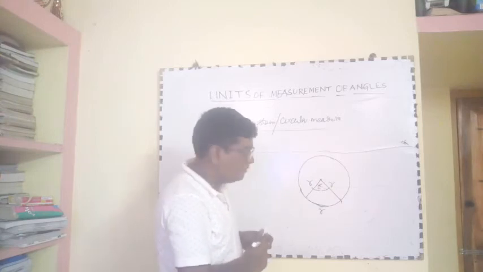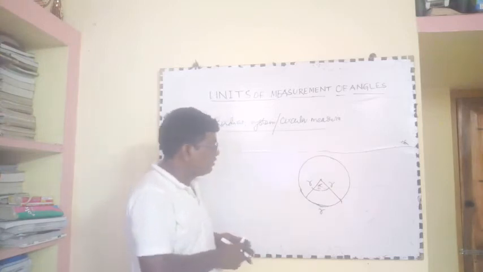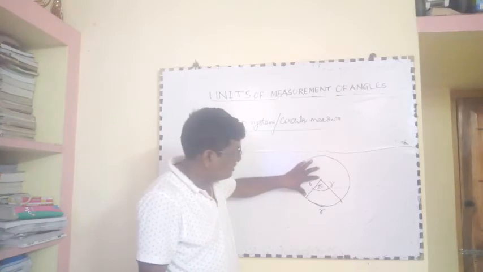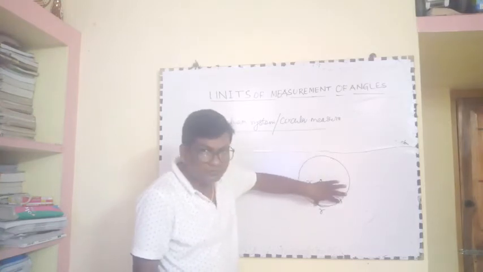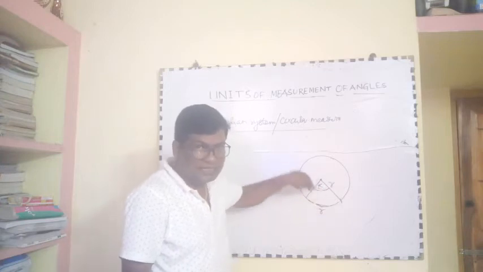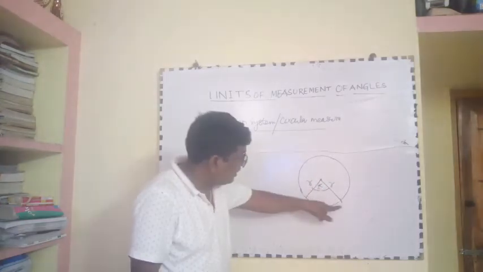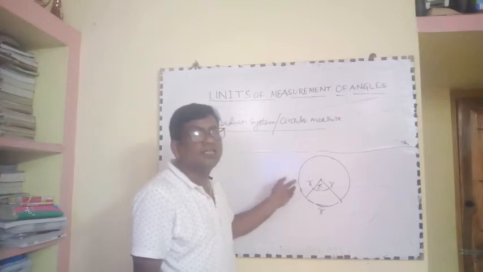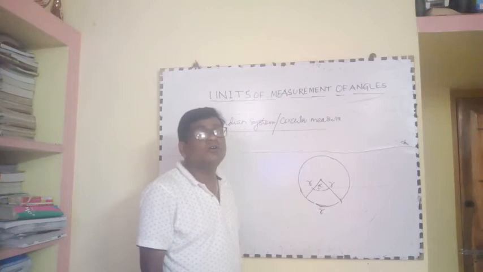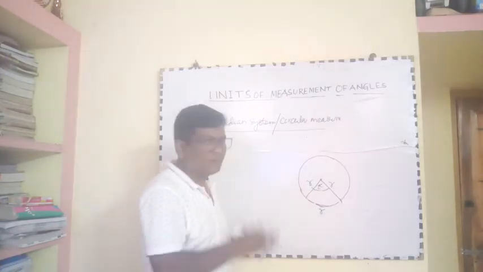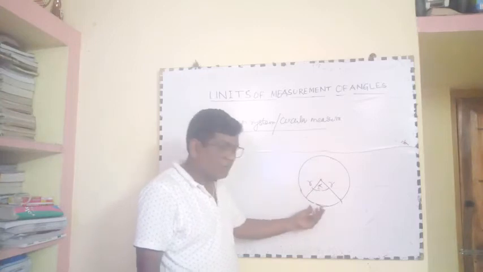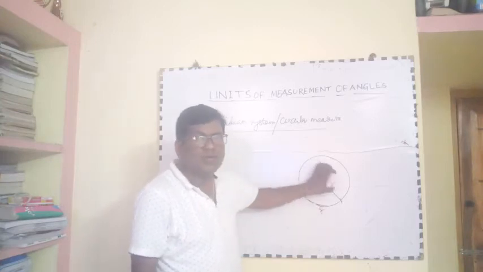What is 1 radian? Suppose this is R and this length is also R. Then the angle obtained at the center of the circle by an arc whose length is equal to the length of the radius is called 1 radian. For example, suppose this is 5 centimeter and this arc is also 5 centimeter.